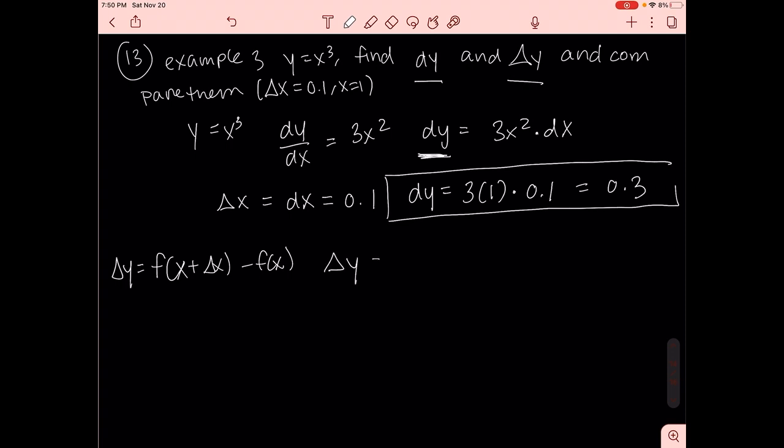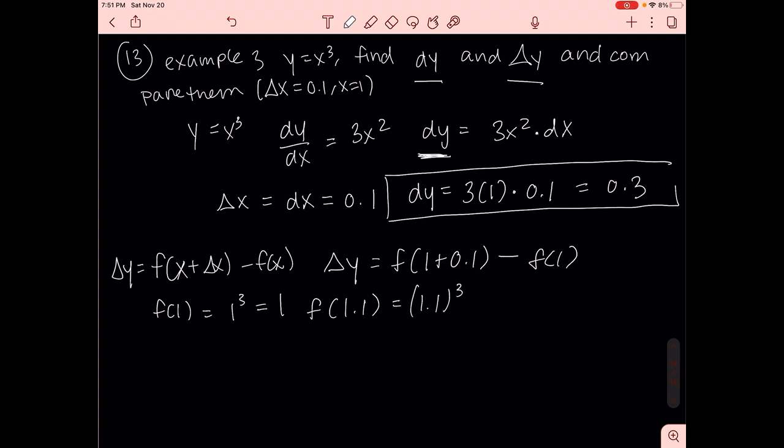Delta y is equal to f of 1 plus 0.1 minus f of x. So that would just be f of 1. So f of 1 is going to be 1 cubed, which is just 1. And f of 1.1 is going to be 1.1 cubed.